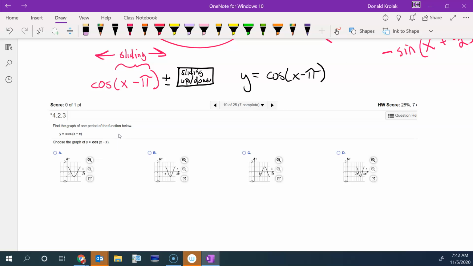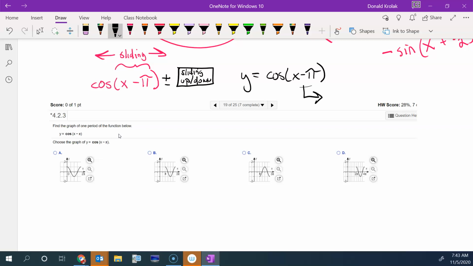Which direction? Araceli? You want to say left, but it's right. This is what we call bizarro world.